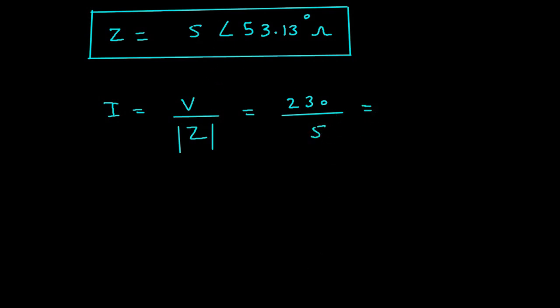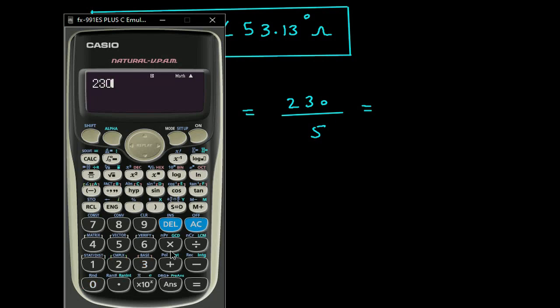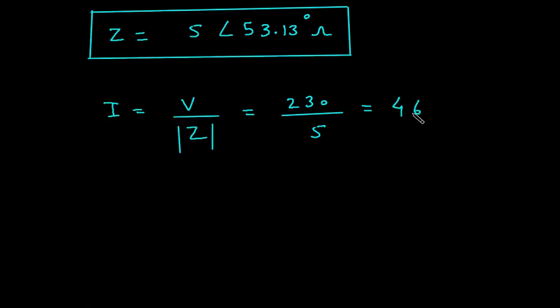So 230 divided by 5. It is 46 ampere. Therefore, I is equal to 46 ampere.